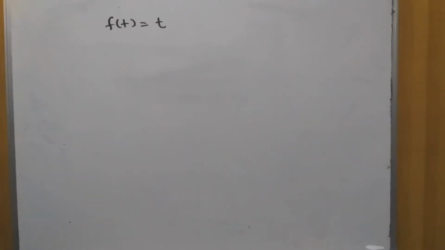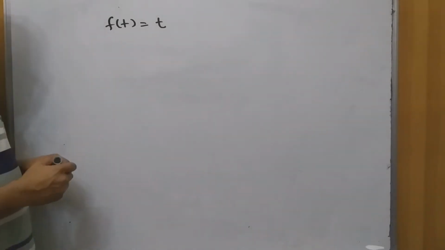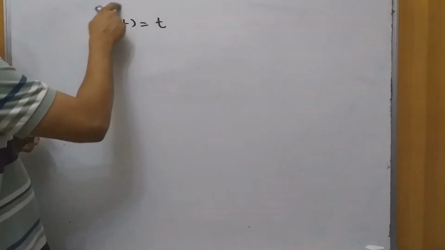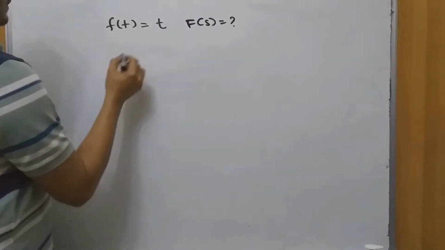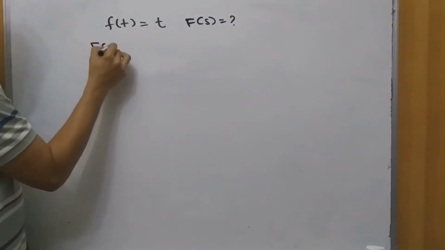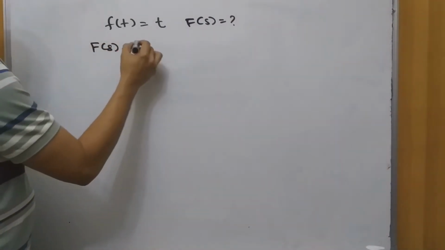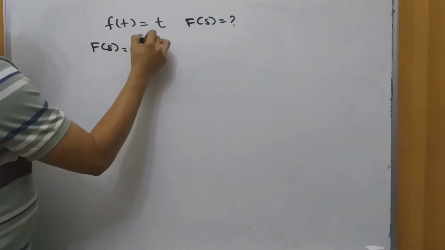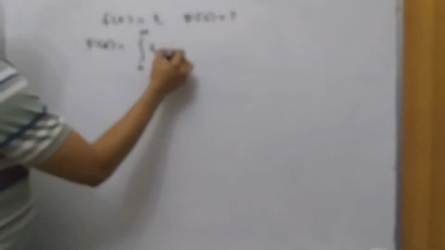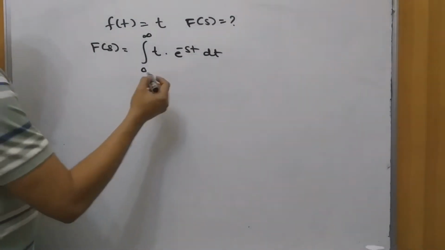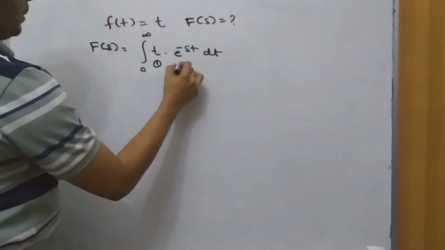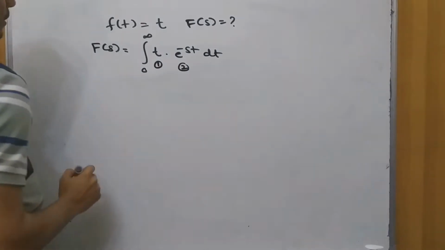So let us consider another example. If f of t is equal to t, we will try to calculate the Laplace transform of f of t. So again, as we said before, F of s is calculated by the equation integral from 0 to infinity, given function t multiplied by e raised to minus st dt. So here we must apply the product rule, assuming that this is the first function and this is the second function.